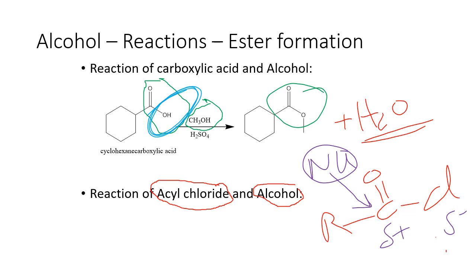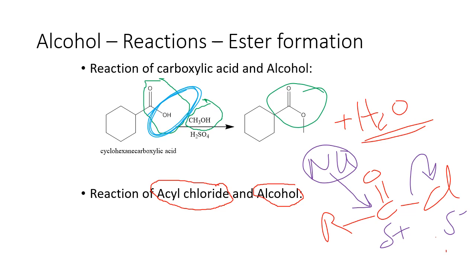I abbreviate nucleophile as Nu. The nucleophilic attack happens on that carbon, and the good leaving group, the chlorine, takes its electrons and leaves, and a new bond forms with the nucleophile. So this is simply how this reaction happens.